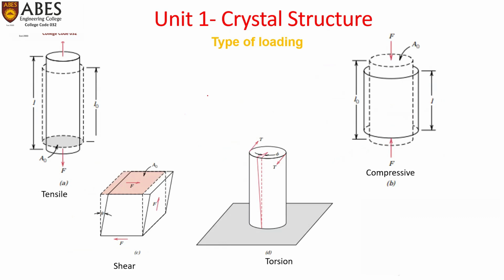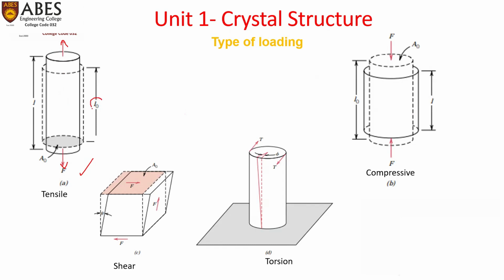For any real world application, the different types of loading on any body may be tensile. Tensile loading means the force would be applied such that the body will tend to increase its length, as shown here.